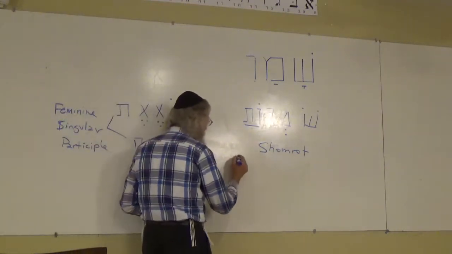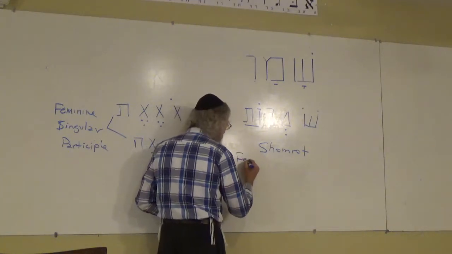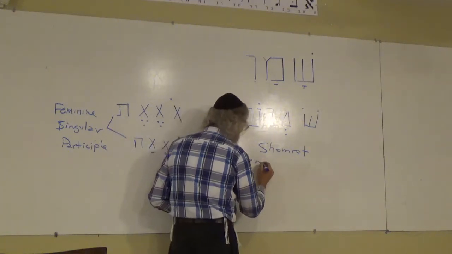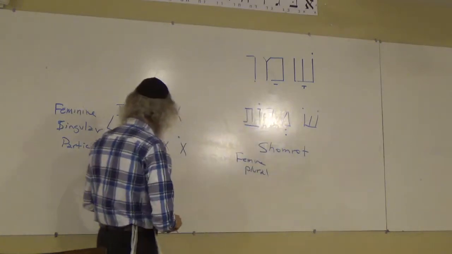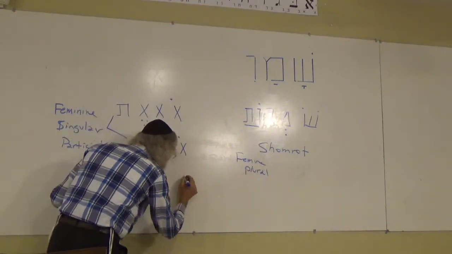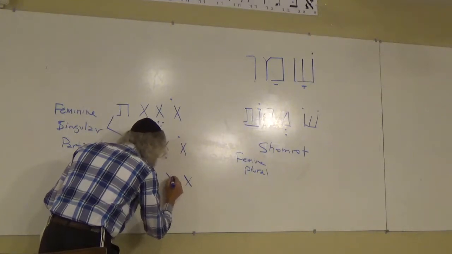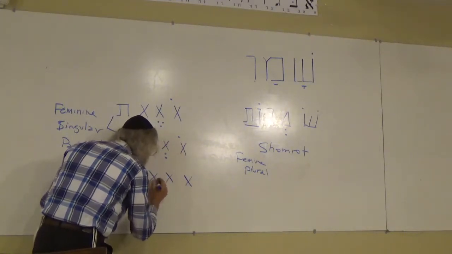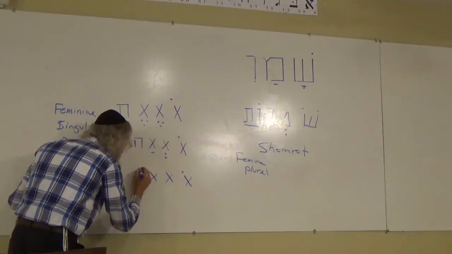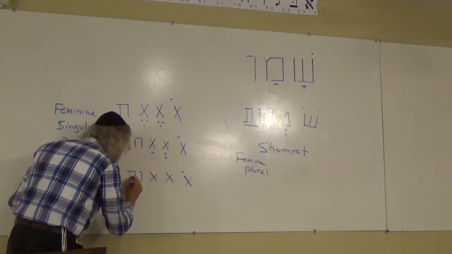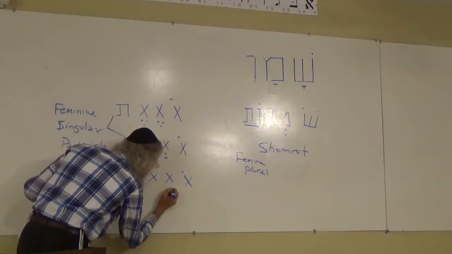And this is feminine plural. So for feminine plural, your consonants stay the same, cholem is added, the vav and the tav, and then the sheva.